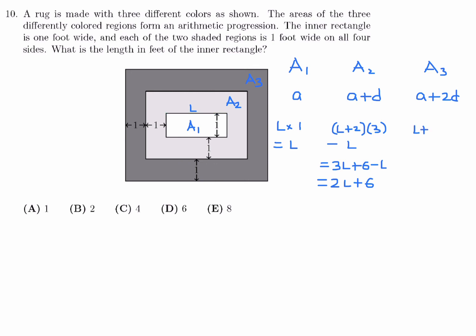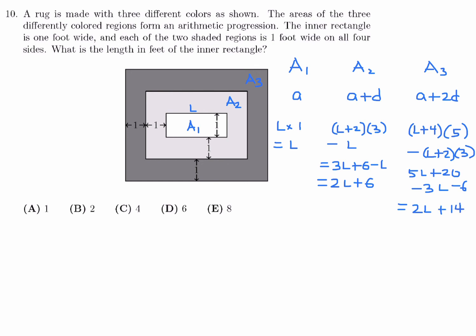And the dimension here would be 1, 1, 1, 1, 1, so 5. And we're going to subtract from that the inner one. So that's going to be L plus 2 times 3. So that's going to be 5L plus 20 minus 3L minus 6. And that is 2L plus 14.